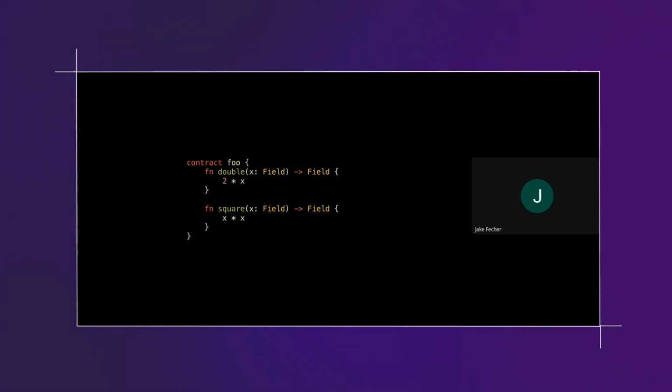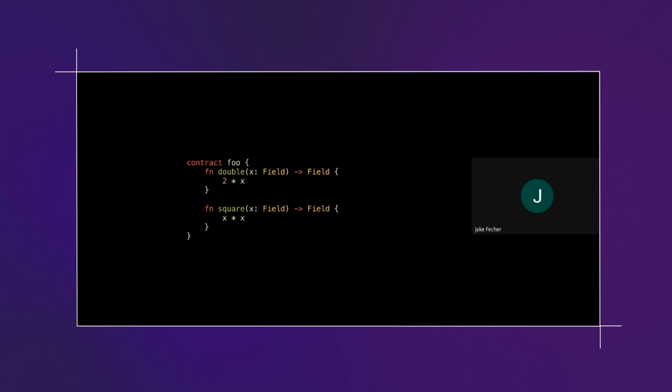You'll also note that we removed the main function because contracts don't really have the same concept of a main function that a normal Noir program does. In that respect, all functions of a contract are considered to be callable, so there is no single entry point like we would see with normal programs.